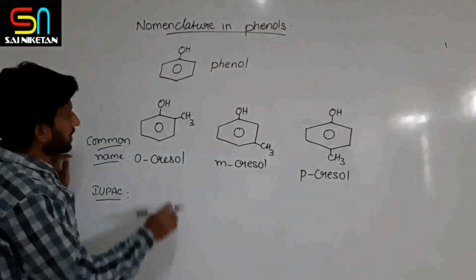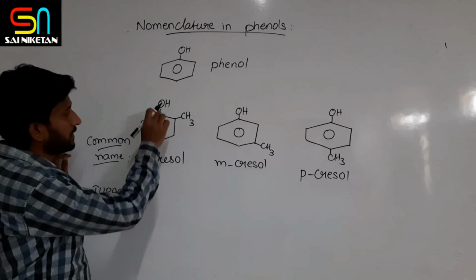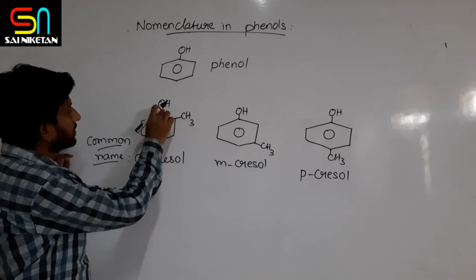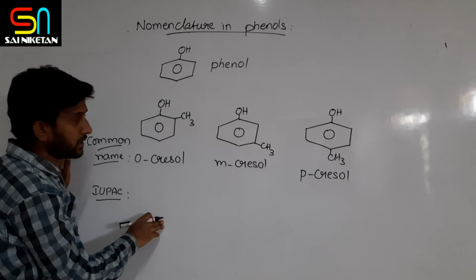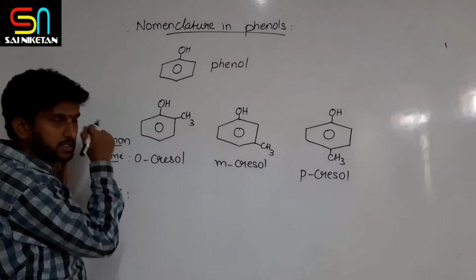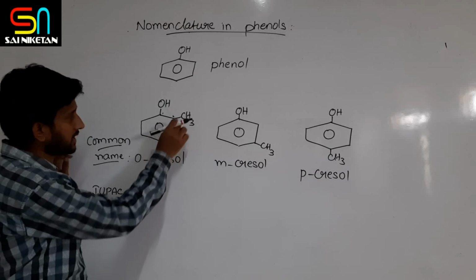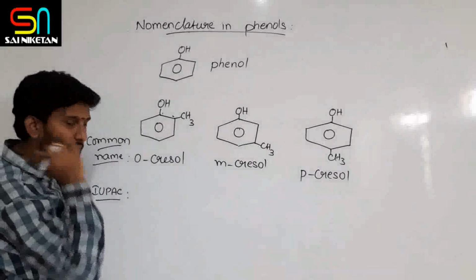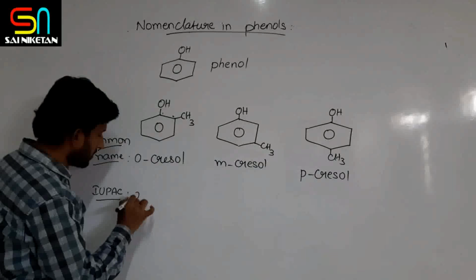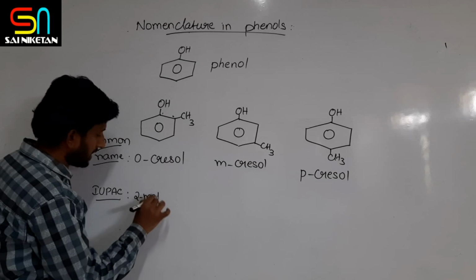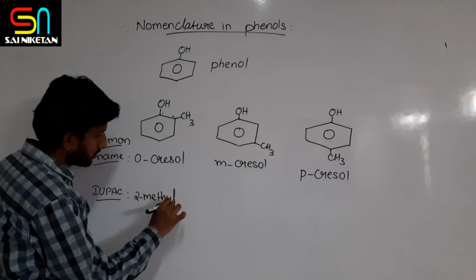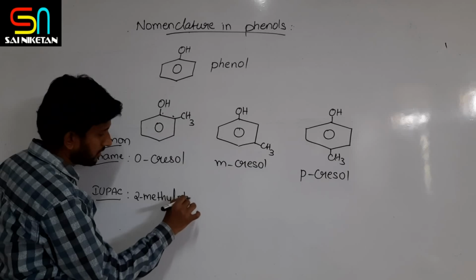As you know, here the functional group is the alcohol, phenol. So what should be the name of this compound? If I write 1 here, then 2 here, so the second position has the methyl, right? So the name is 2-methyl phenol.